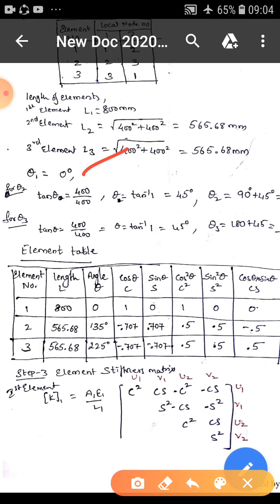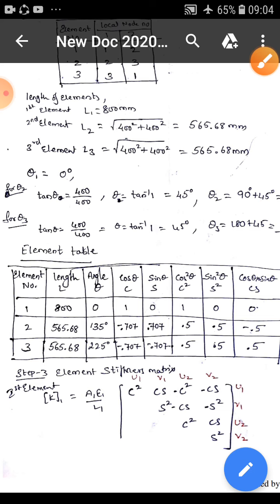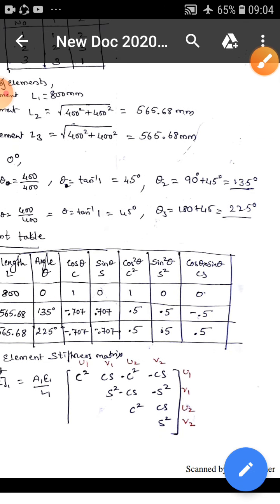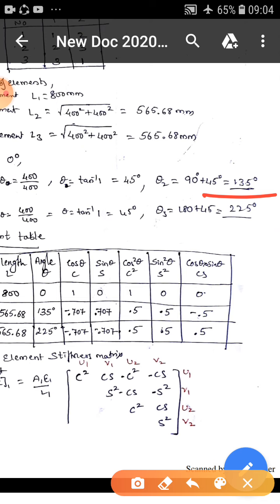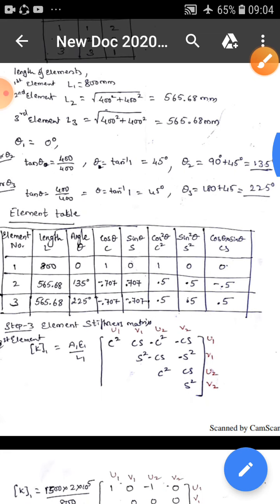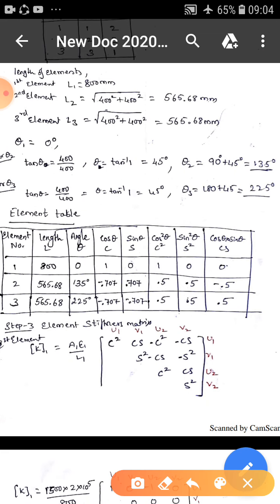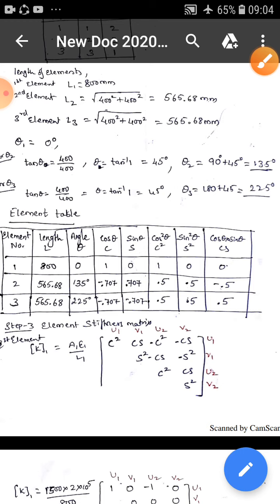For the second element I will take that vertical angle, which I just explained. I calculate this first, and then plus 90 degrees will give me theta 2. So theta 2 is 135 degrees, and similarly theta 3 is a reflex angle, 180 plus 45, that is 225 degrees.